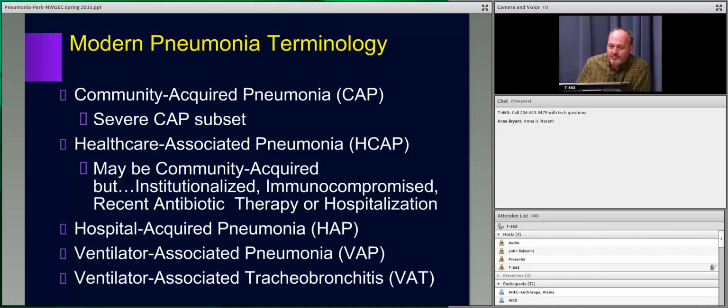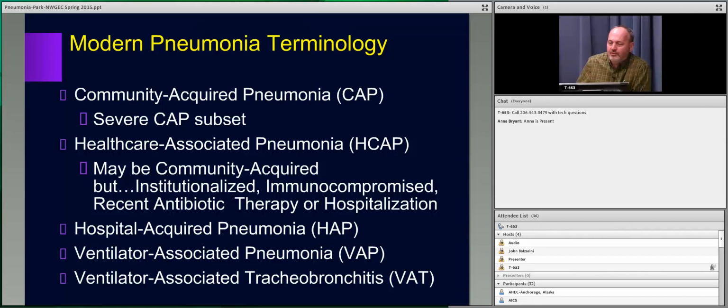But the one that I want to make you aware of, although I won't be talking about this a great deal, is healthcare-associated pneumonia. And this is where, in the past, when we talked about community-acquired pneumonia, we said, but this doesn't include people with HIV infection. This doesn't include people who live in nursing homes. This doesn't include sick old people, okay?